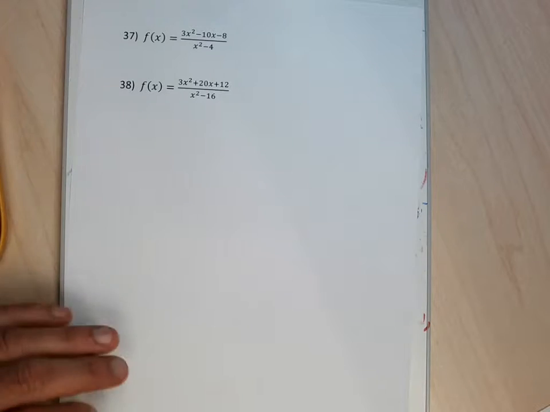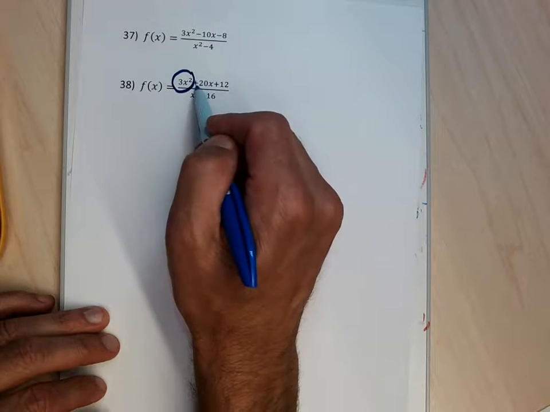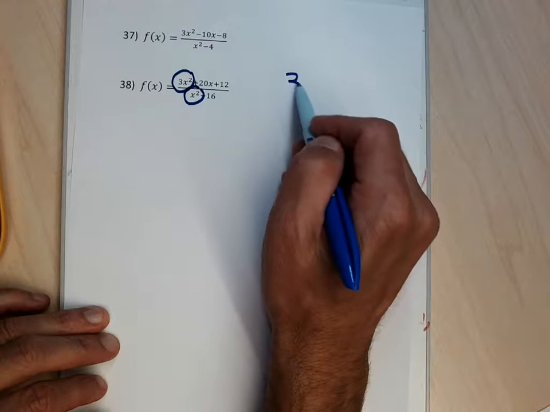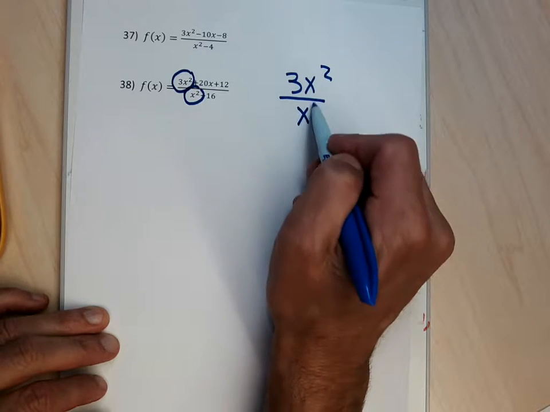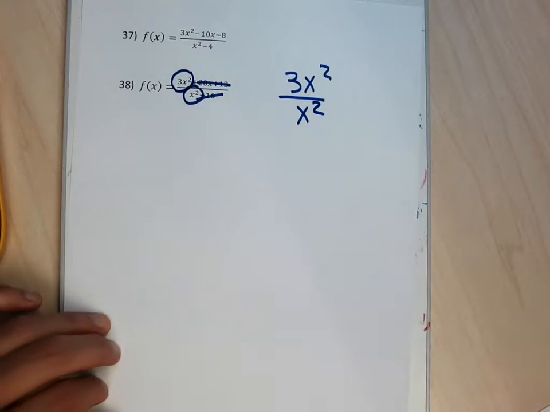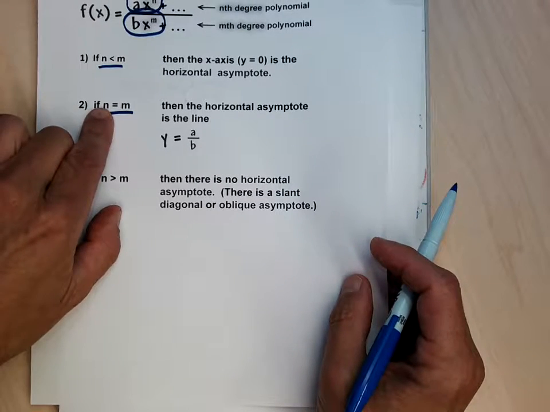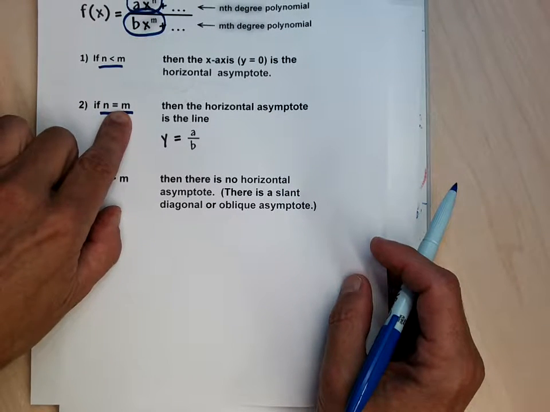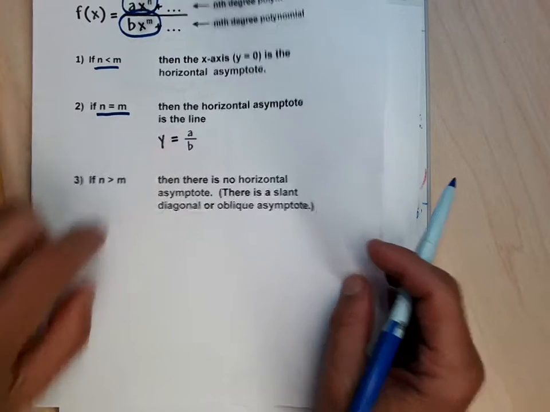I'll move on and do problem 38, and you can do 37. To do 37, I look at the highest exponent term in the numerator and the highest exponent term in the denominator. I ignore the rest of the numerator and the rest of the denominator. Because the highest exponent term in the numerator has an exponent of 2, which is equal to the highest exponent term in the denominator, I'm going to find the horizontal asymptote by dividing the numbers in front of those x's.